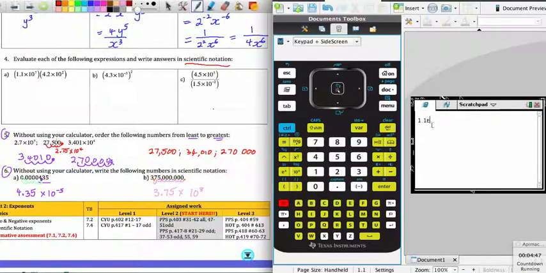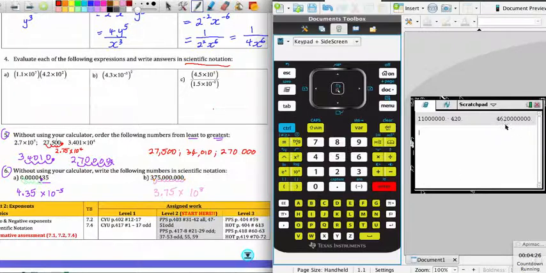That stands for times 10 to the power of, but it essentially tells the calculator that we are working in scientific notation. And so I'm going to type in 1.1E7. I'm going to be multiplying that by 4.2E2. Hit enter, and as you can see, it gives us our answer.